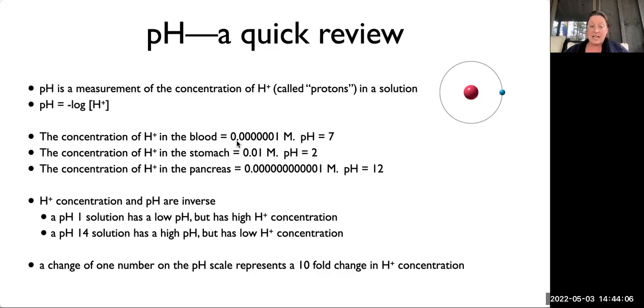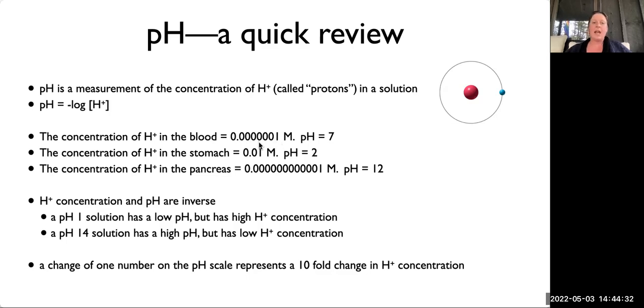If you look at where the decimal place is and count how many times you have to move it before you get to a whole number, like the number 1 in this case, the number of times you move the decimal place is the same as the pH. Check it out. 1, 2, 3, 4, 5, 6, 7.